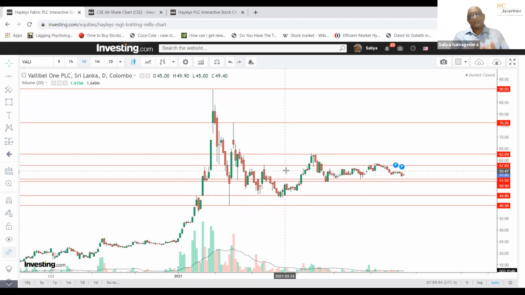In a resistance, I told you the prices are moving up and pause due to a concentration of sellers. So in that concentration of sellers, if we are interested in selling at that price, we are also part of that concentration. A downward pause is a support due to a concentration of buyers.